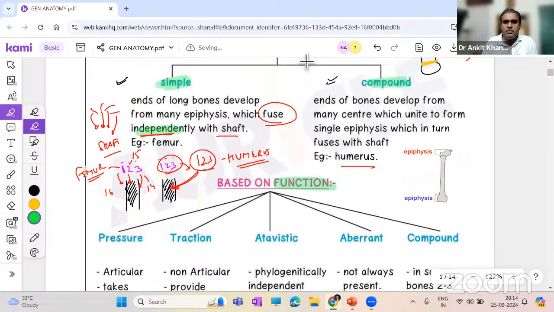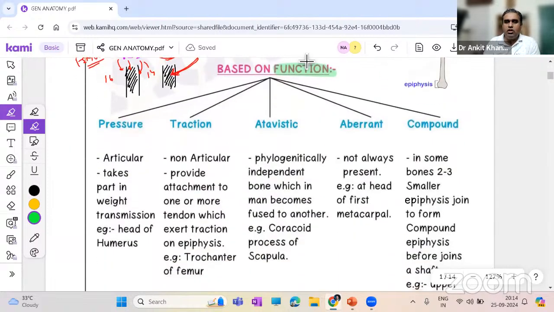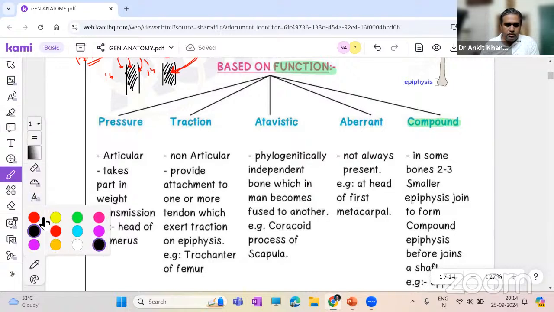The first classification was based on the number of epiphyses: that they are going independently, or they are first fusing as a complete single epiphysis, then going to the shaft. That was first. Now coming to the classification based on function. Here these 4, 5 names are important. At least these 4. The compound one you have already seen, simple and compound. So you need to know about these 4 epiphyses.